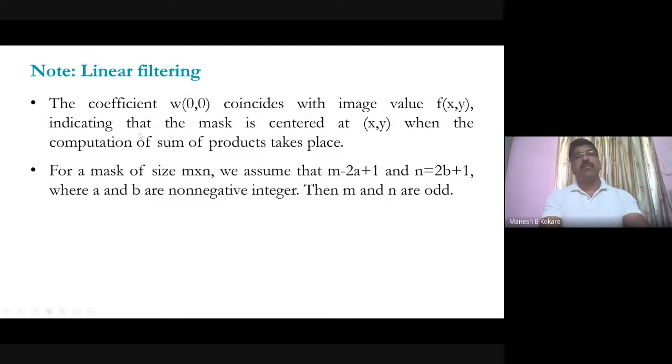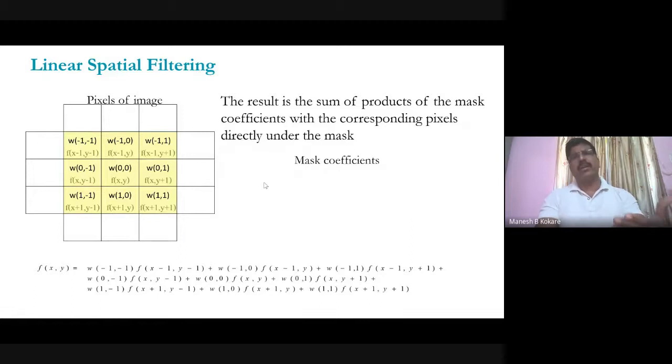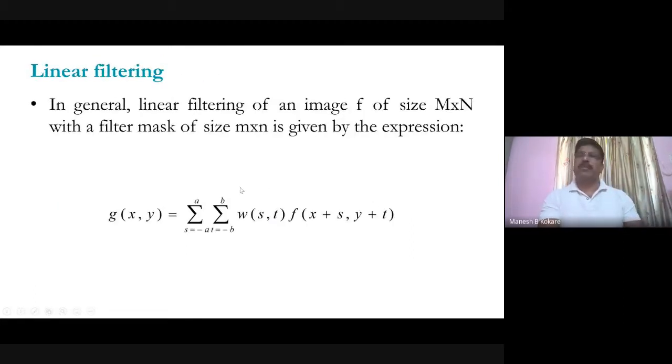Now, for a mask of size m by n, we assume that m is equal to 2a plus 1. This should not be minus. So m equals 2a plus 1 and n equals 2b plus 1, where a and b are non-negative integers, and m and n are generally odd. The expanded form of the equation can be written in a compact form using summation: summation over rows, summation over columns, of the weight of the filter mask times the intensity of the pixel under consideration.